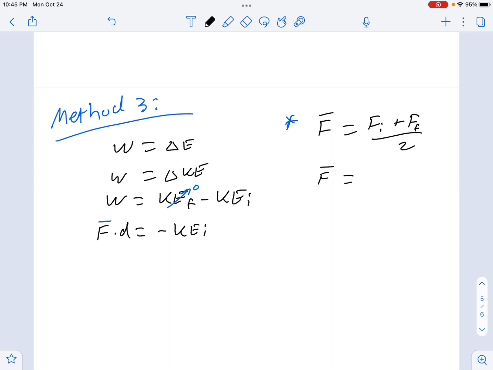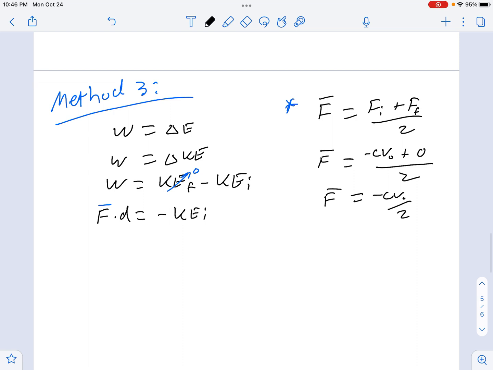Initially the force is that minus CV, where the V is that initial velocity that we're given. And if at the end of this problem the bullet stops, well, in minus CV, if V is equal to 0, then the force is equal to 0 as well.